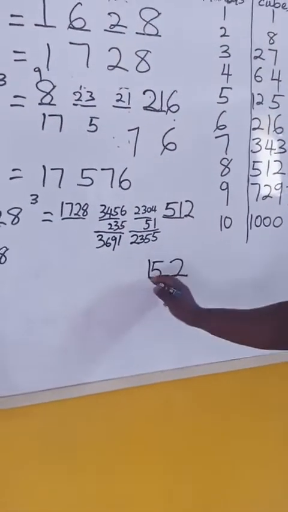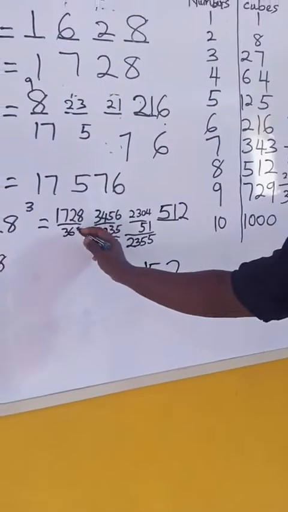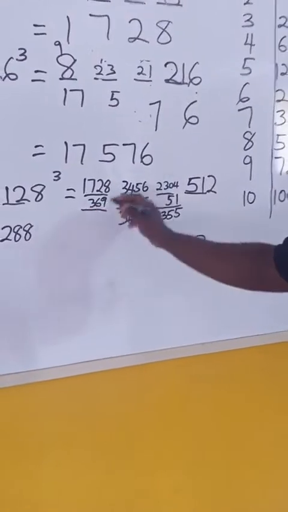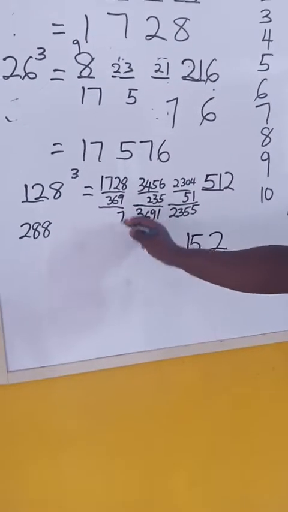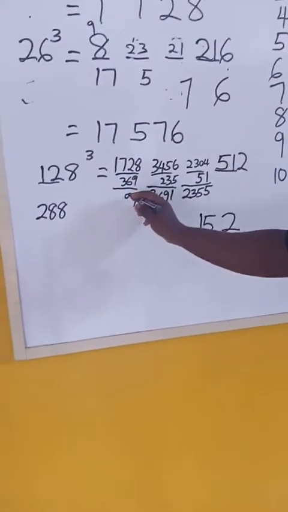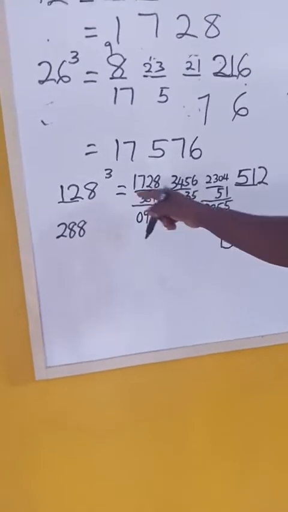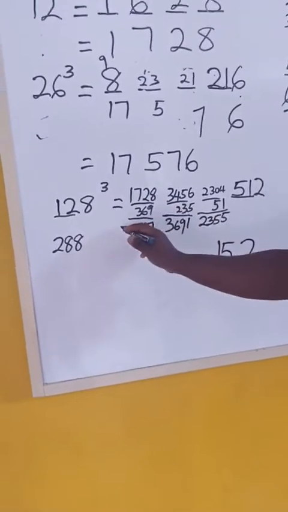Don't forget 1. Then 3, 6, 9 will be added to this. 3, 6, 9. 8 plus 9, 17. 7 remainder 1. 8 plus 1, 9. Then 7 plus 3, 0 remainder 1. Then 1 plus 1, 2.